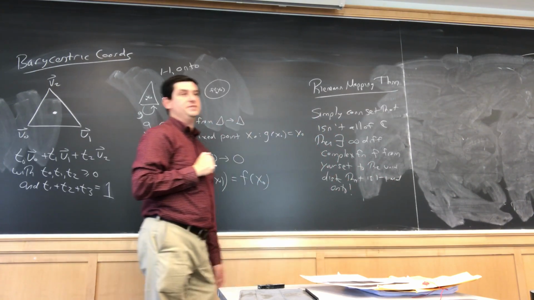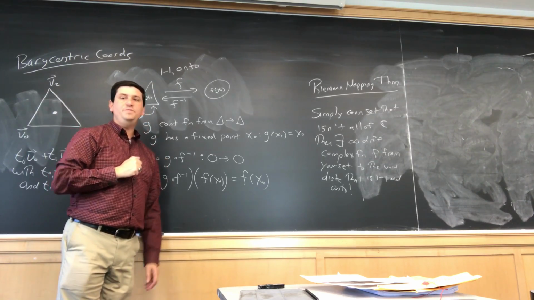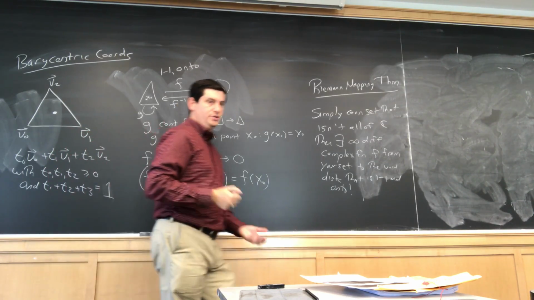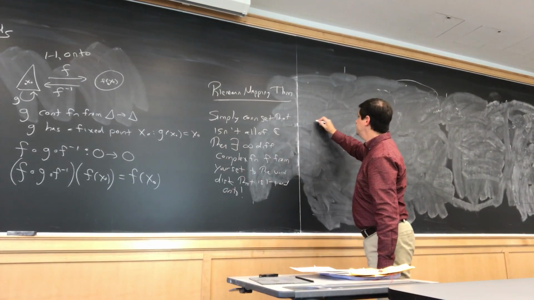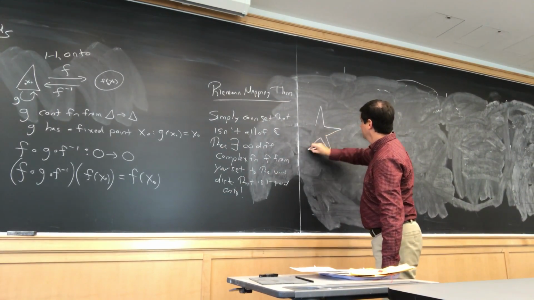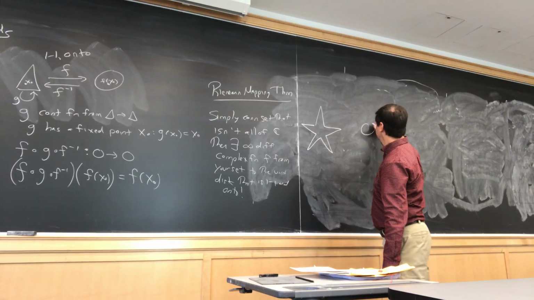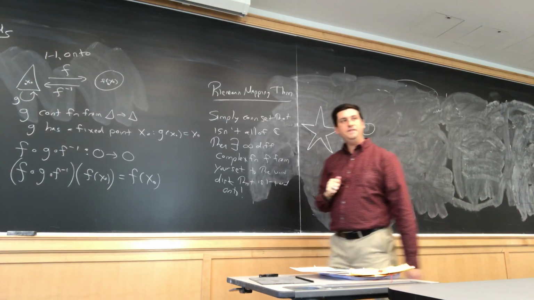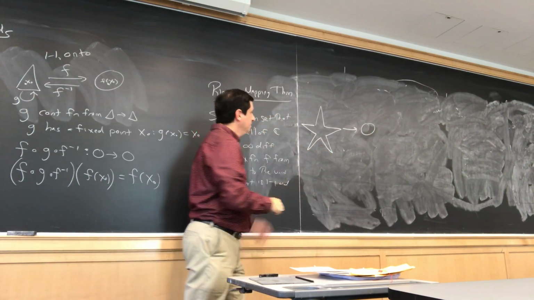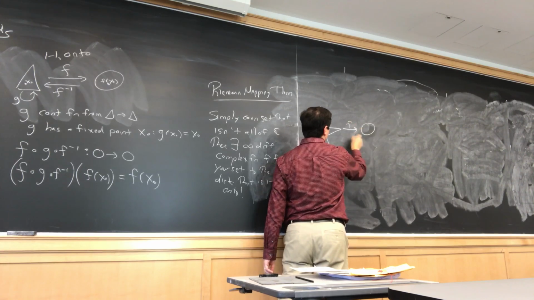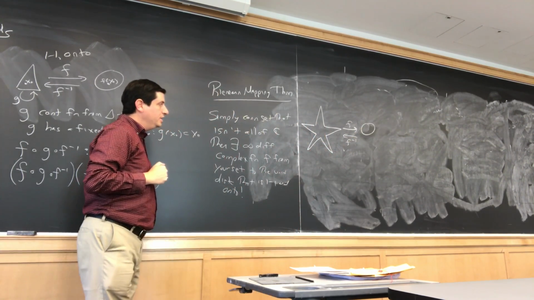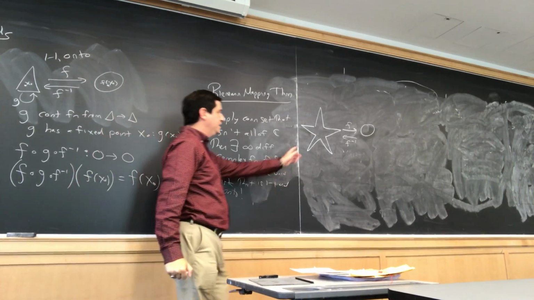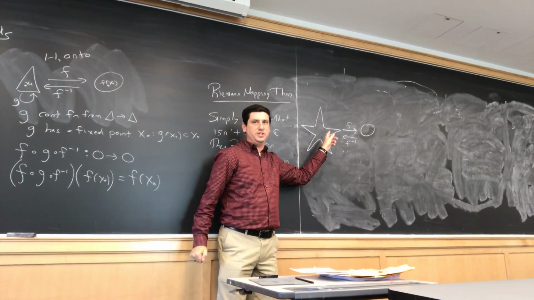So truly amazing. You give me any strange set, as long as it's not too bad, it can't have holes in it. You give me something like this, and there is an infinitely differentiable map between that and the unit disk. And if the boundary is nice, you can actually even write down explicitly what that function is.